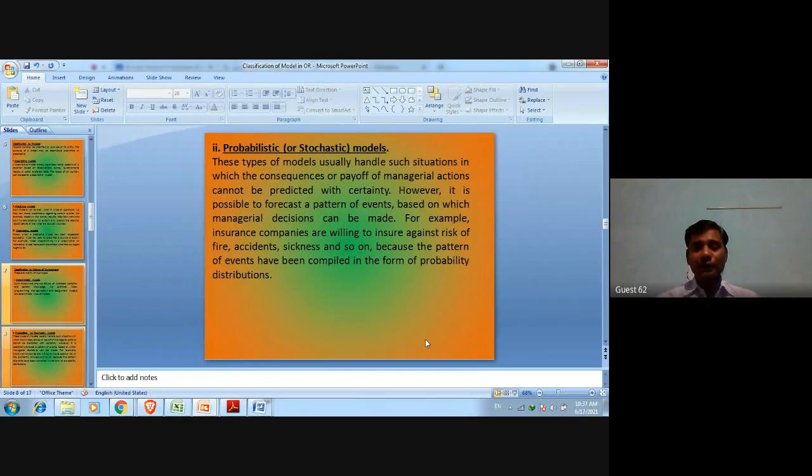How do they insure your vehicle? According to past conditions. They look at all the insurance that they have made, how many times they have paid, and what is the chance of paying money to you for either an accident or your vehicle.